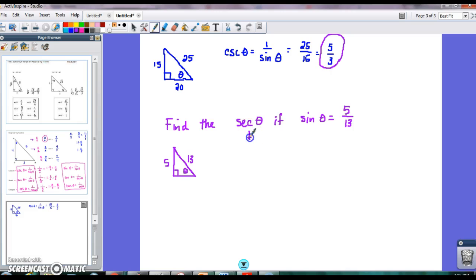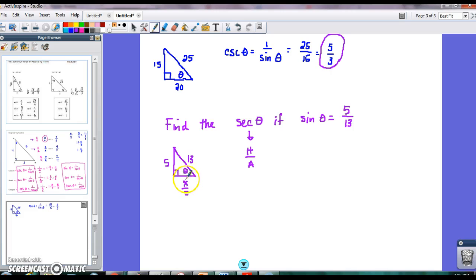Now, in your head, you've got to say, okay, well, secant flips cosine. So cosine is adjacent over hypotenuse, so this is going to be hypotenuse over adjacent. Well, I have the hypotenuse, but I don't have that adjacent side. I need that. However, I do know two sides of my triangle, so I can find that third side simply by doing Pythagorean theorem.